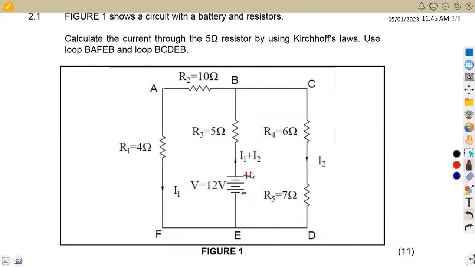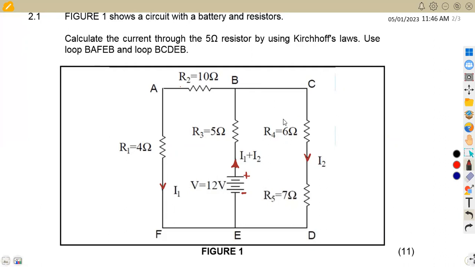We've got our negative here. The current flows from the positive, given as I1 plus I2, in this branch. Then this current flows in this branch, which is given as I1. In this branch, it is given as I2. So this is how our currents are presented.